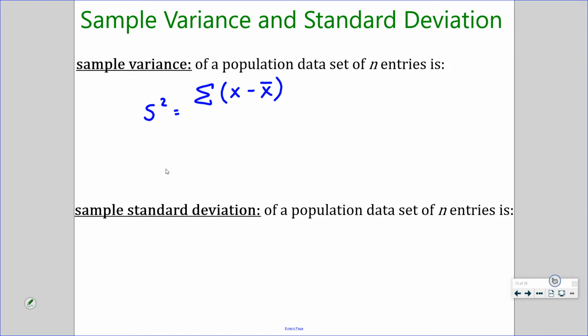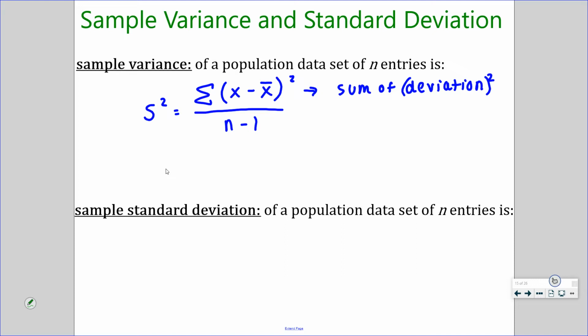That's still the sum of deviations squared. Here's the difference: we actually divide it by not my number of entries, but our number of entries minus 1.